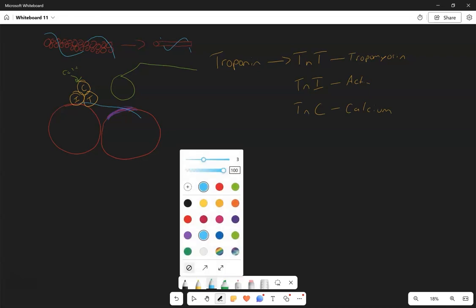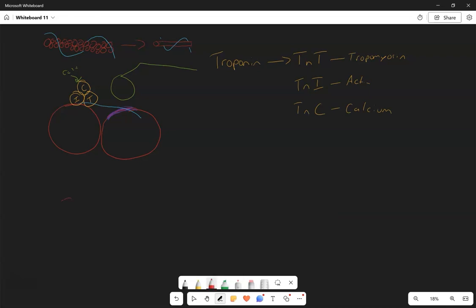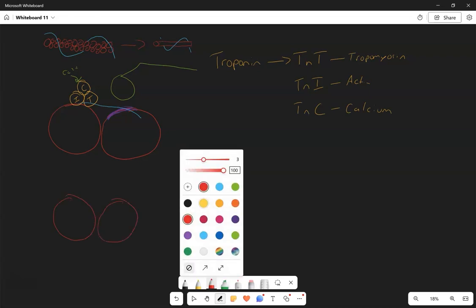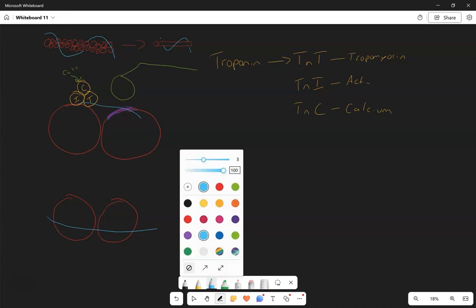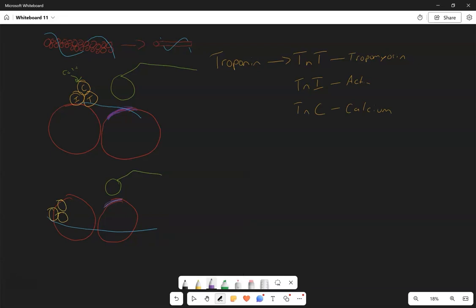So what happens if we look at our blown up model here is that you have your actin, right, and that troponin will undergo a conformational change, and what that will do is move that tropomyosin. So we'll have our 3 subunits here. Right? So this causes a shift so that now that myosin can come down and attach to that myosin binding site on the actin filament.